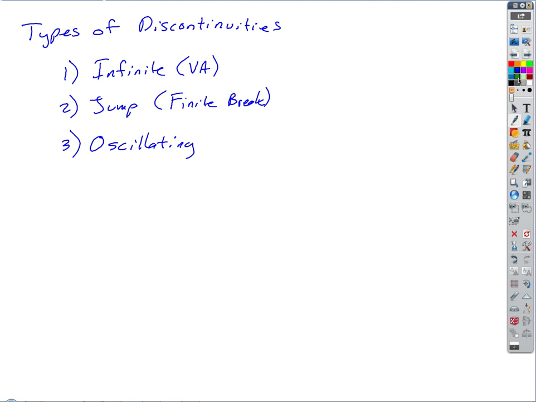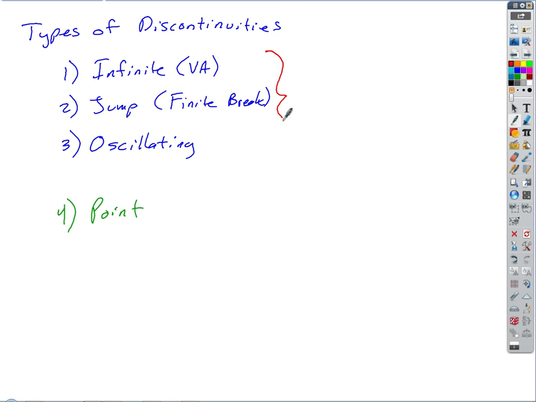Okay. The other type of discontinuity that we've just introduced is a point discontinuity. And that would be like a hole in a function, or a hole in a function with one point that's maybe above or below it. So these fall into two general categories.